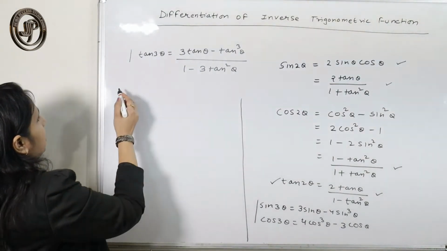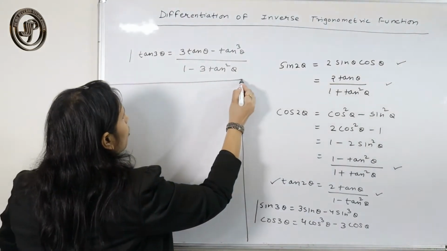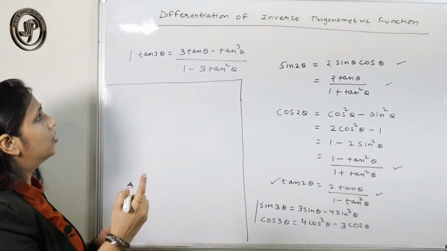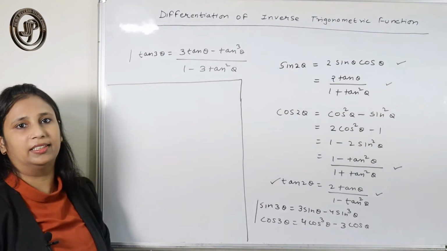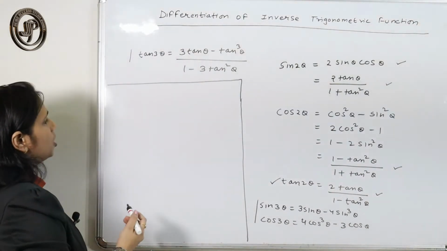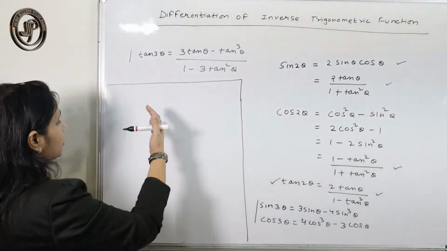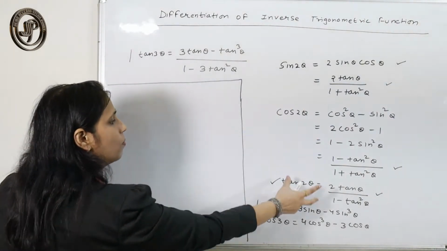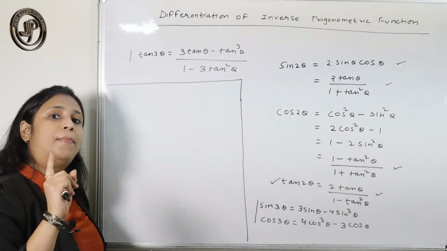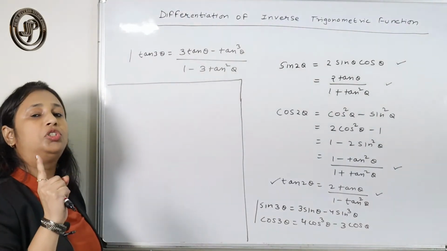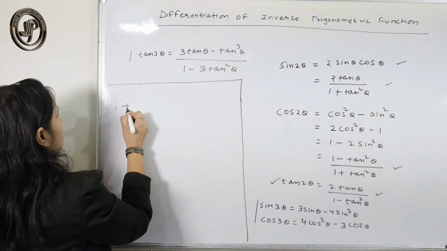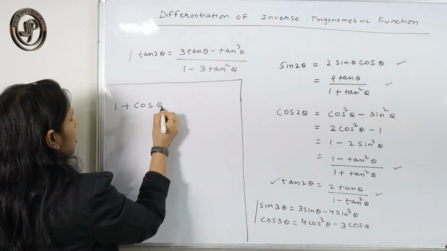The next thing I am going to teach here, which makes this topic very easy, is that you just have to apply the derived formulas that have come from those formulas. But it is better if you directly memorize them. That is 1 plus cos theta.